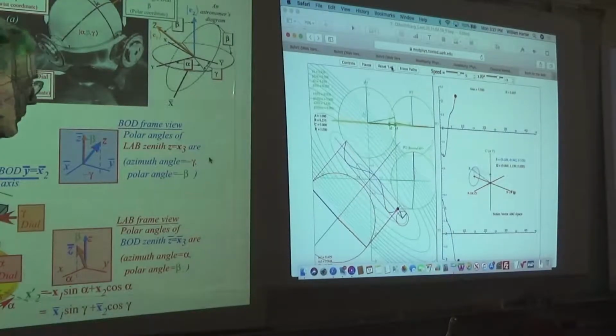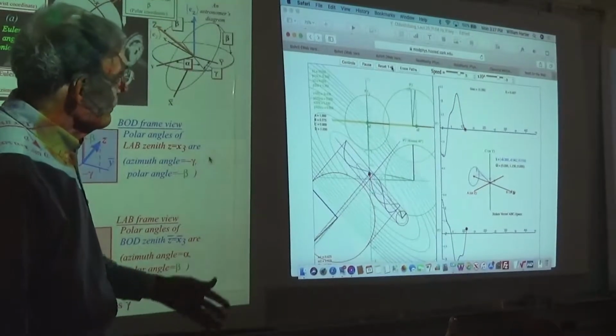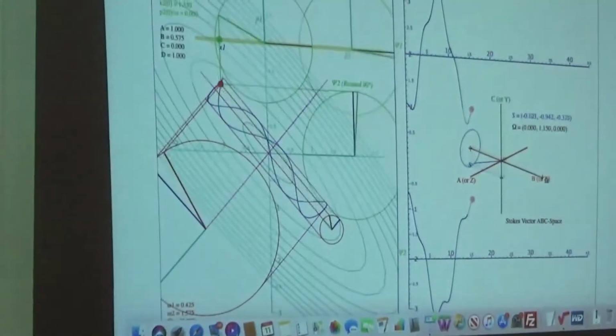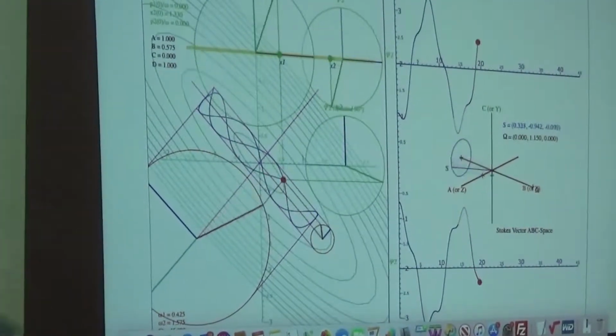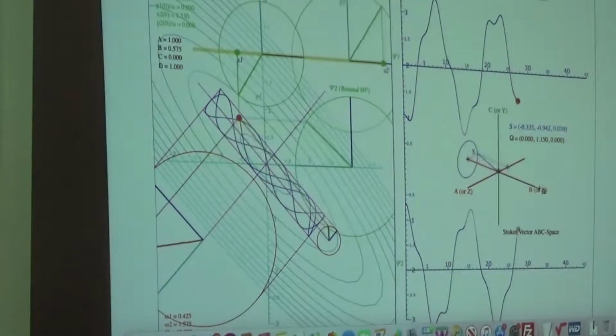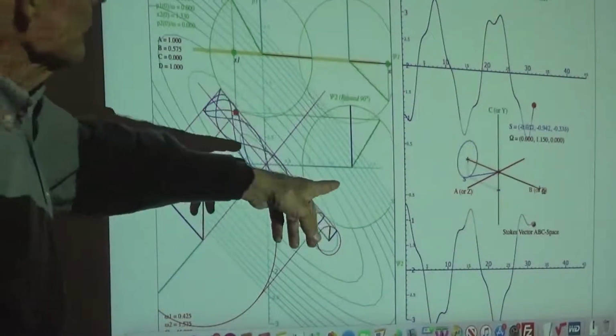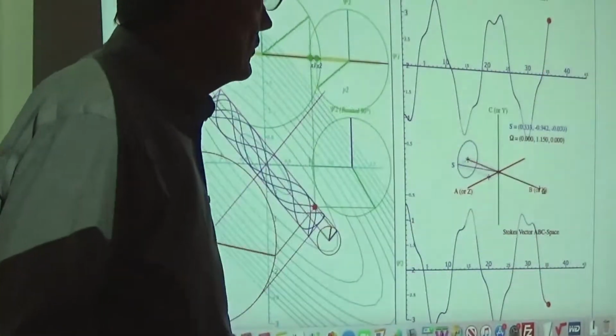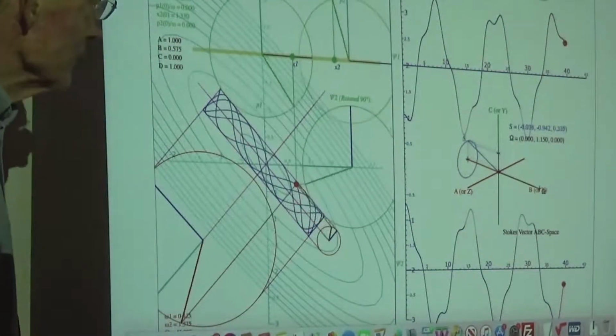What this is going to do is give you a Lissajous pattern of some kind, depending on what the other numbers are. But this corresponds to a spin resonance. It's making the spin go around.